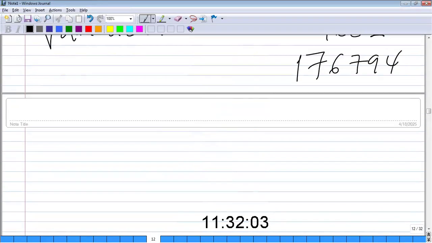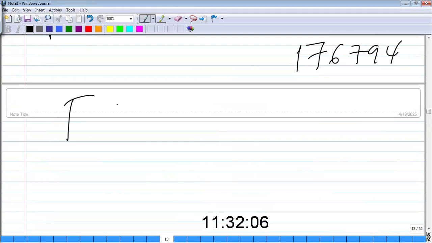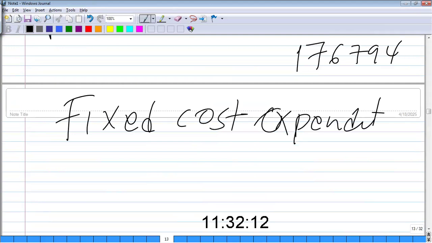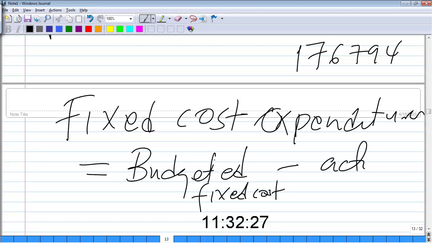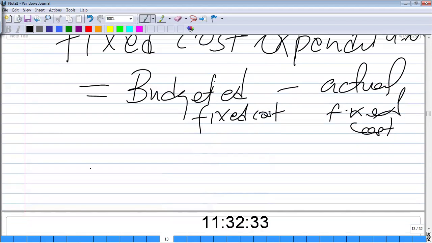What is the last variance? The fixed cost expenditure variance. Because you are doing marginal costing, the fixed cost expenditure variance is equal to budgeted fixed cost minus actual fixed cost. So what is the budgeted fixed cost? 135,500.